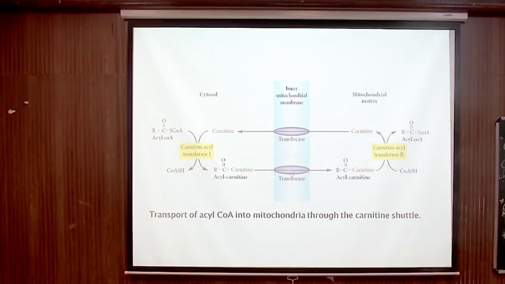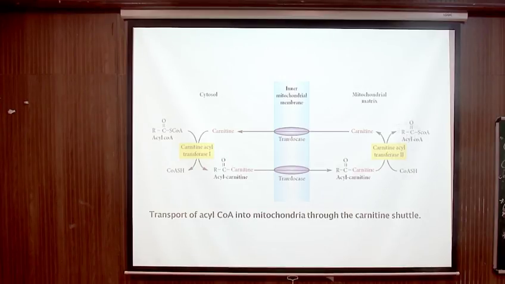Using the exchange transporter translocase, it gains entry into the mitochondrial matrix, where acyl carnitine combines with coenzyme A and carnitine is released, because of the enzyme carnitine acyl transferase 2, and acyl coenzyme A is got.